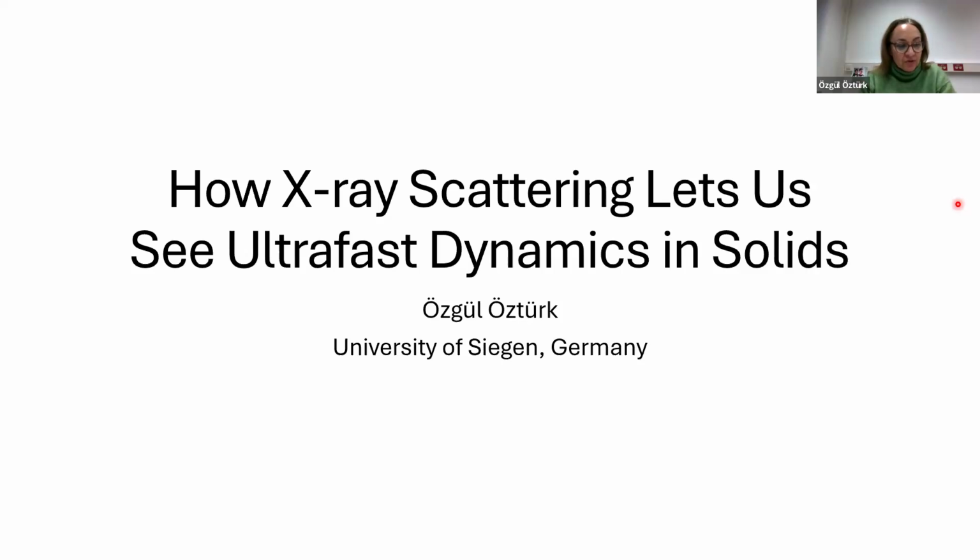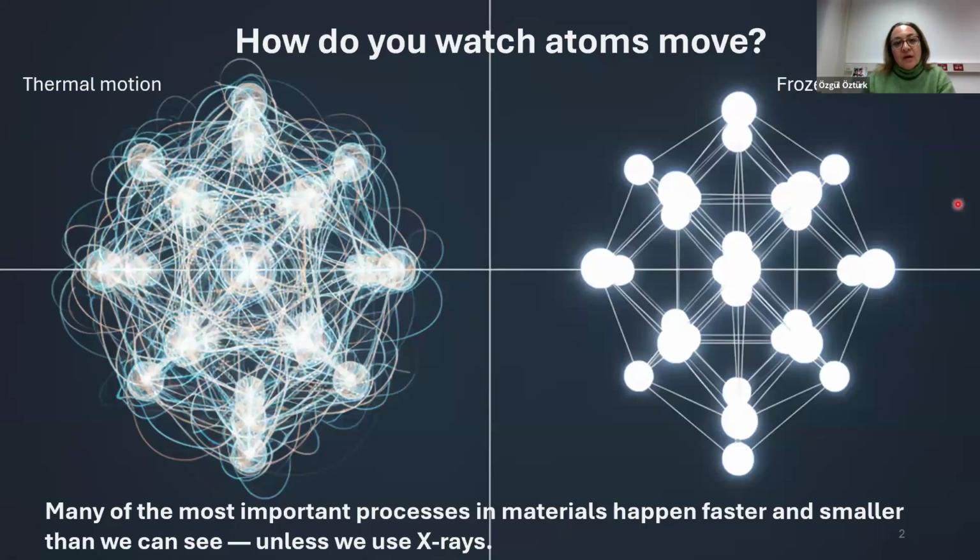Today I want to show you how X-ray scattering allows us to visualize the structure and dynamics on the length and time scales where materials actually work. How do we see? Can we watch the atoms move? I mean, if it is a frozen atomic lattice, it is not difficult. We could image them.